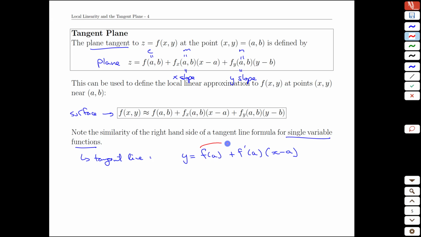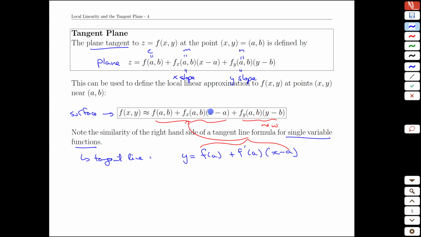So in fact, this is a perfect analog to these first two terms in the tangent plane, with the additional ingredient that the slope is now in a particular direction, the x slope, and then we add in this extra effect from the y direction. If we take steps in the y direction, it's mediated in terms of height through the y slope.